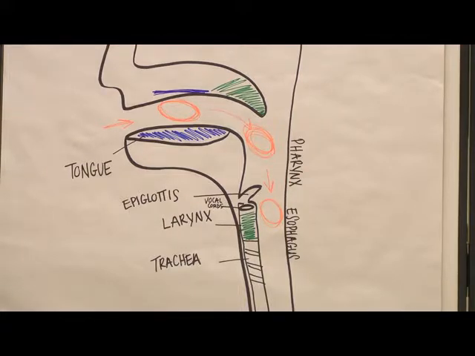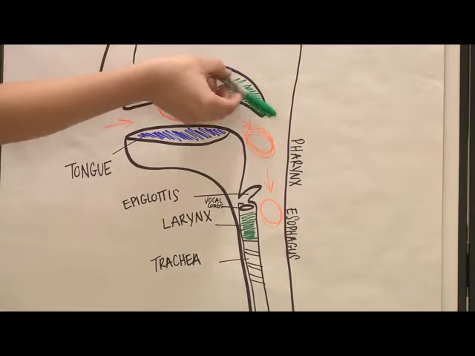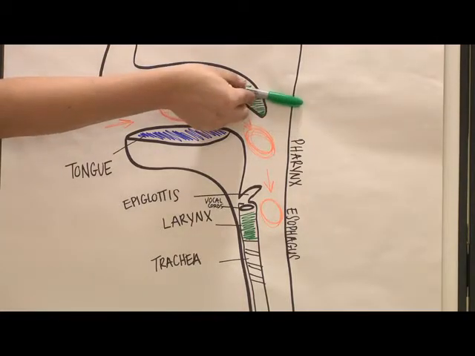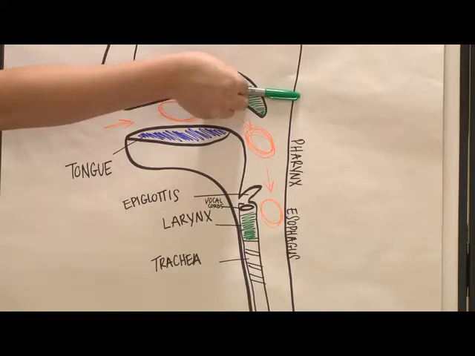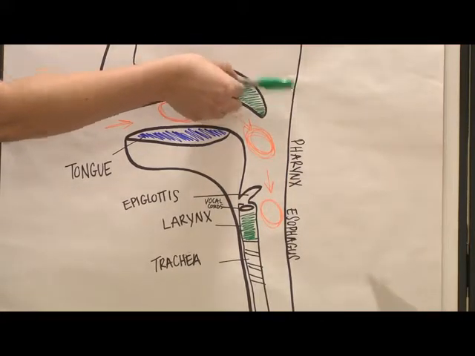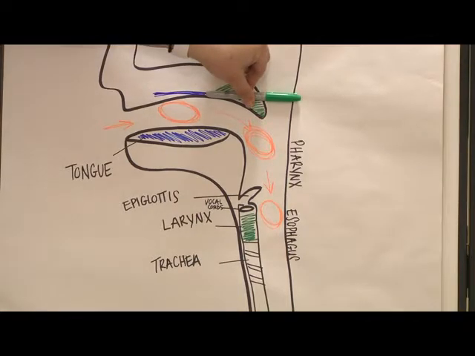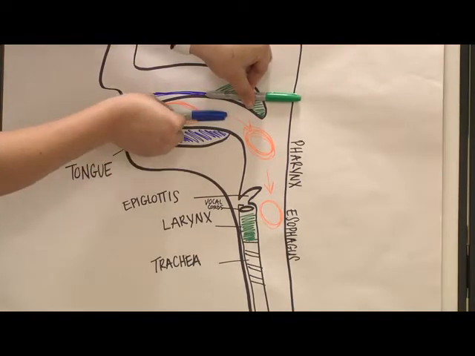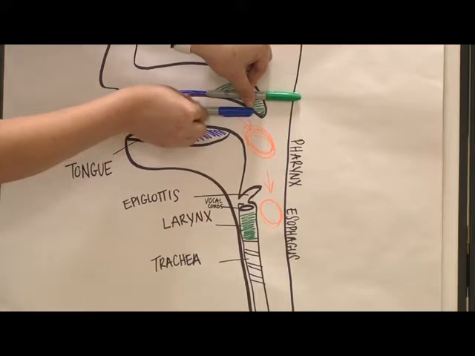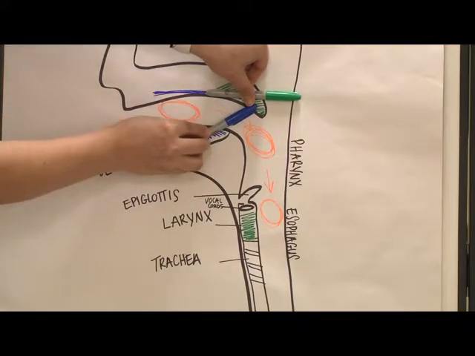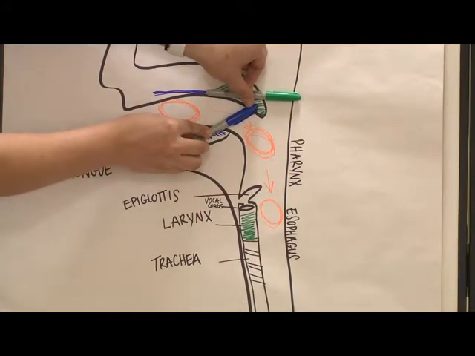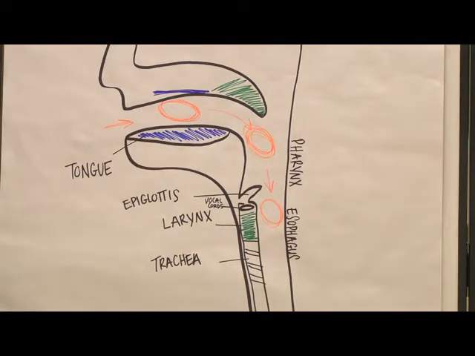To stop food from going back up into the nasal passages, the soft palate must move from this position to this position. This will stop the food from going back up. Also at this stage, at the same time, the tongue goes up and back to eliminate any possibility of any food from the oropharynx coming back into the mouth. So now, the nasal cavity and the oral cavity are both blocked off.